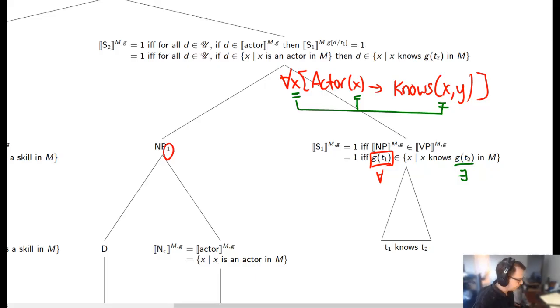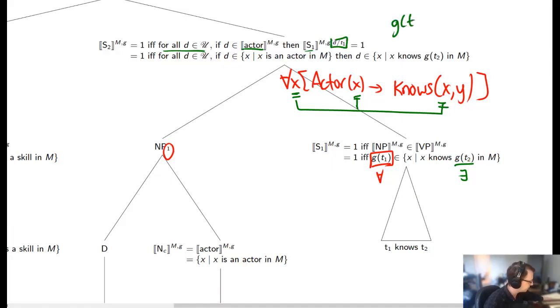In our rule, we're just applying our rule for every. So if for all D in our universe, if D is in our noun, so if D is an actor, then our sentence, T1 knows T2, is true, but we're doing some binding here.